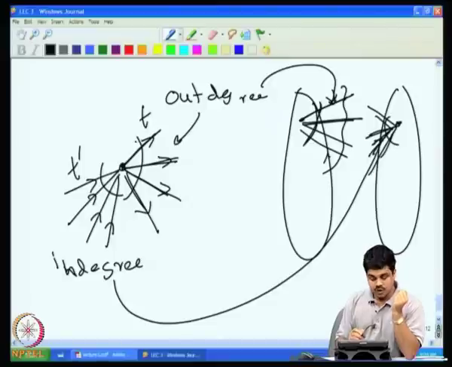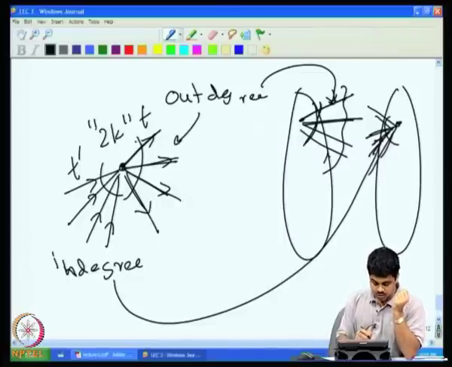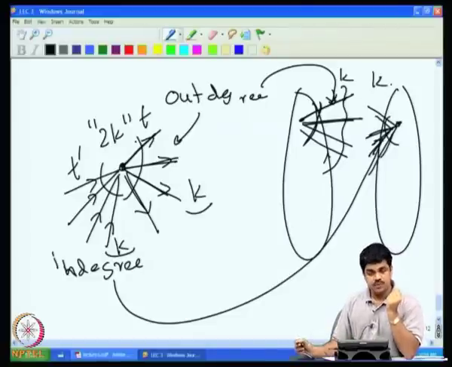And the total is going to be 2k, because the original graph has exactly 2k edges incident on each vertex. So if out degree equals in degree, it has to be k and k each.